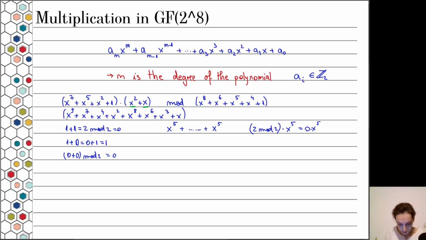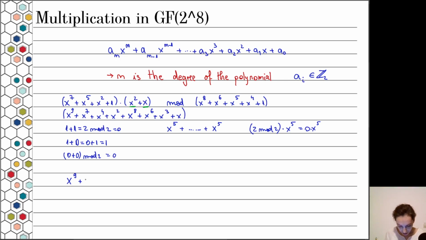In our case, we see that we do not have any x powered by a power to be repeated. So in our case, we have x powered by 9. We will write these terms in decreasing order.